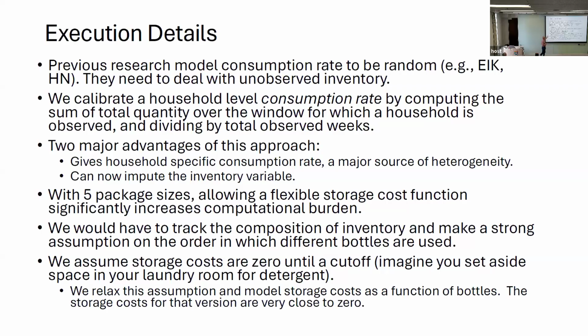So in the main text of the paper, we decided to implement a version of the model where we set the storage cost to zero until you hit certain constraints. That assumption dramatically simplifies the problem, right? Once you make this assumption, you no longer have to track the inventory as a function of the order of the packages that you purchase.